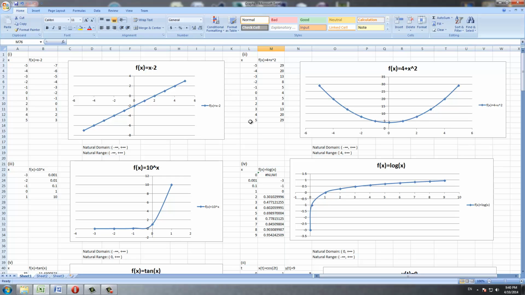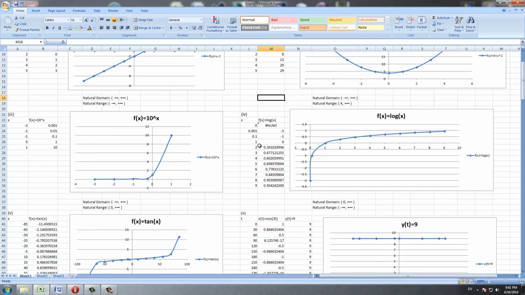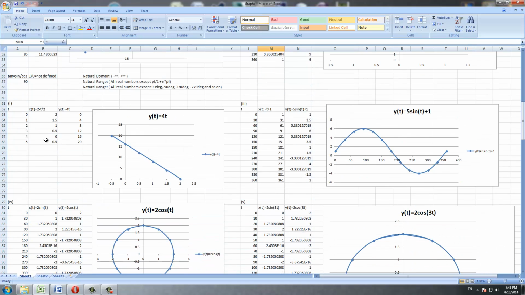So I should explain how I created some of the motions using graphs. So how do you create a straight line motion? If I scroll down to my straight line motion, basically an equation of a line is mx plus c. So y equals mx plus c.